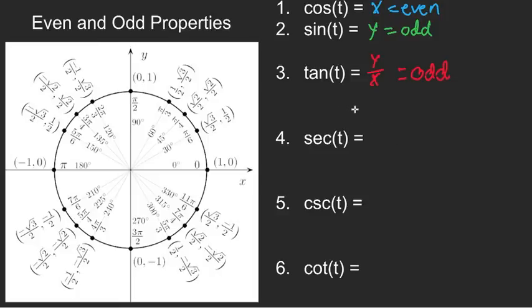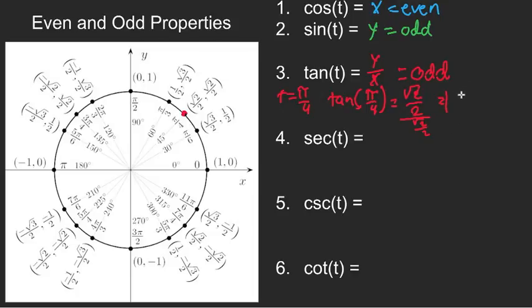Now, let's prove that. So we can again use the value of t equals pi over 4, and we know that tangent of t equals y over x, and both y and x are root 2 over 2, so we can say that tangent of pi over 4 equals root 2 over 2 over root 2 over 2, or y over x, which equals 1.